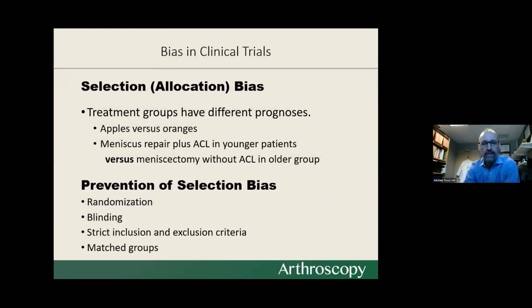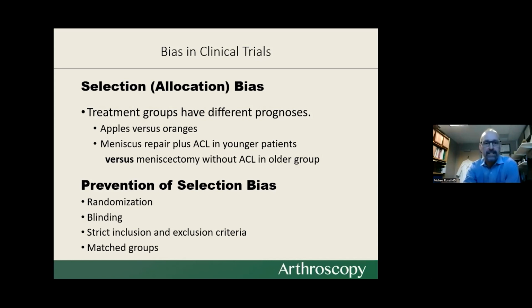When we examine the methodology, it is important to examine for bias. Bias can be the most important part of the assessment. First, selection or allocation bias. That means that the treatment groups have different prognoses. Are you comparing apples versus oranges?